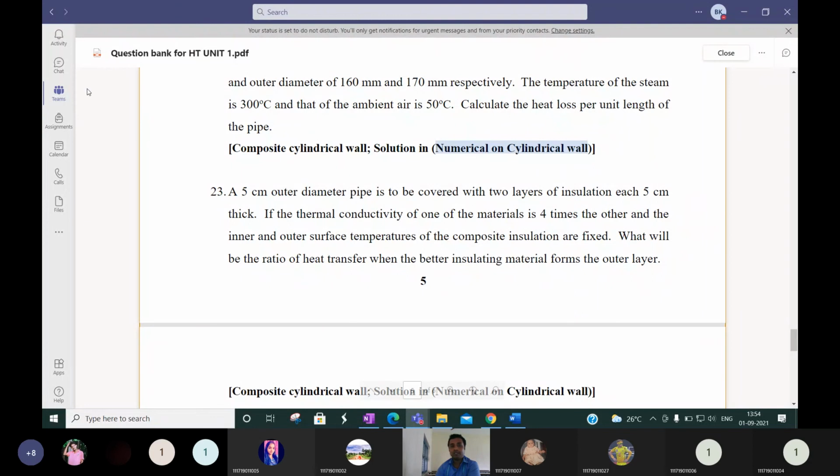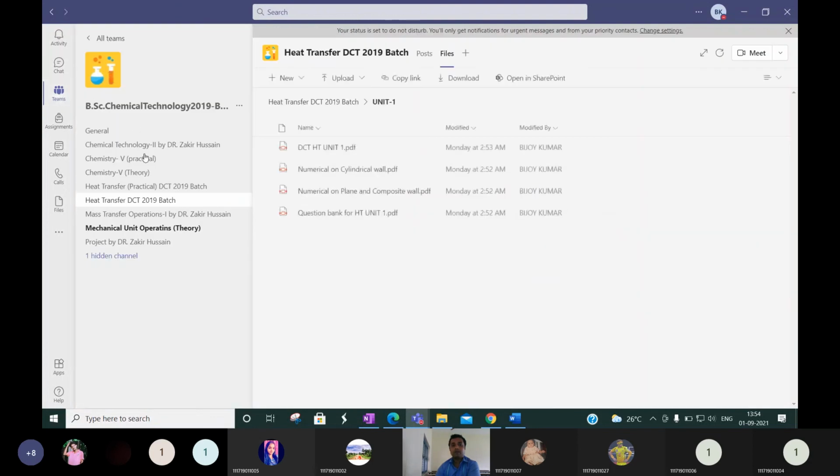Numerical on cylindrical wall means this one. This is for the solution related to cylindrical wall. And this file is for solutions related to plane and composite wall. And this is the question bank, both theoretical and numerical.